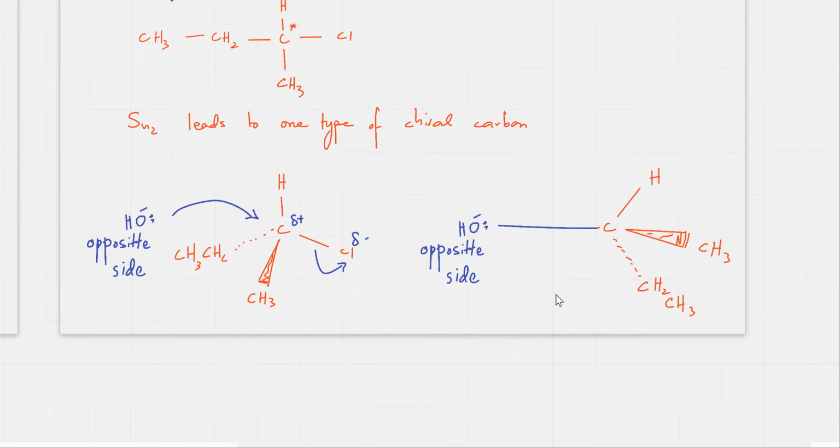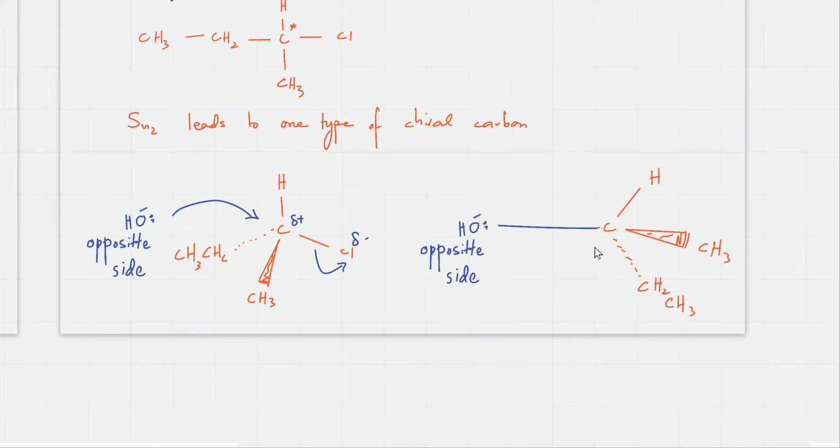Yes, sir. So the thing is, you always get one type of chiral carbon atom. That's it. Because the OH minus one would always be coming from this side, all the bonds are going to be pushed to the other side.